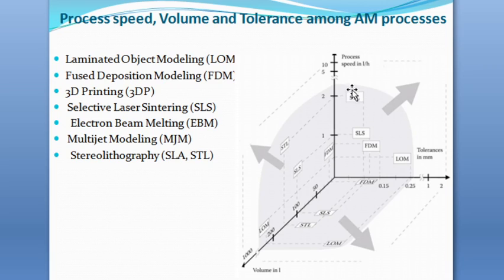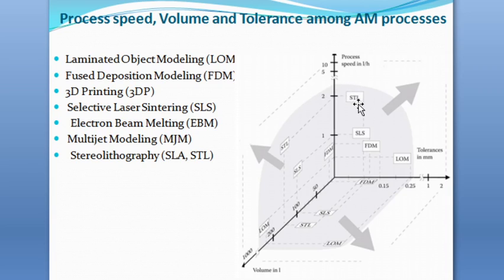Here process speed is high, but tolerance is less in STL. Less tolerance means it can produce highly accurate components. Therefore it produces high accuracy, and process speed is also high.